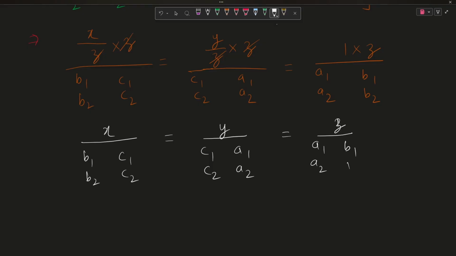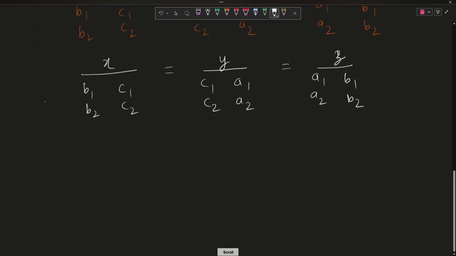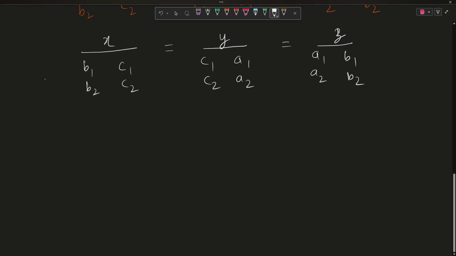a1 a2 b1 b2, right? Now the denominators involving a1 b1 c1 and a2 b2 c2 are basically constant values, and these could be solved using the cross multiplication method. After solving with the help of cross multiplication, we can easily get the ratio between x, y, as well as z. So our purpose will get fulfilled by this equation. Now we will be doing cross multiplication.